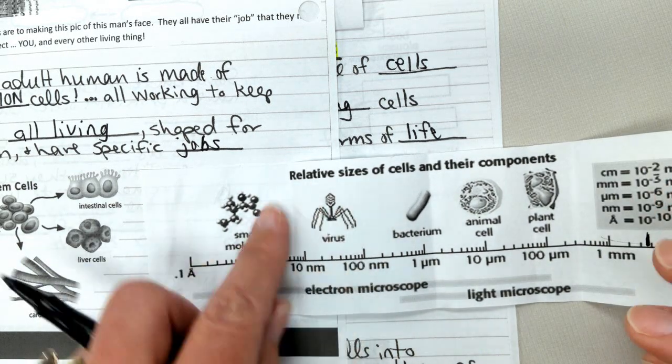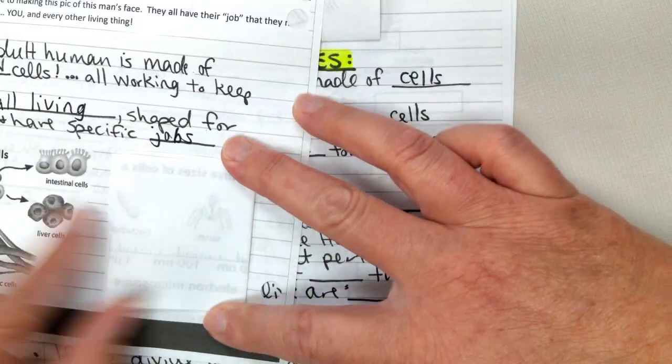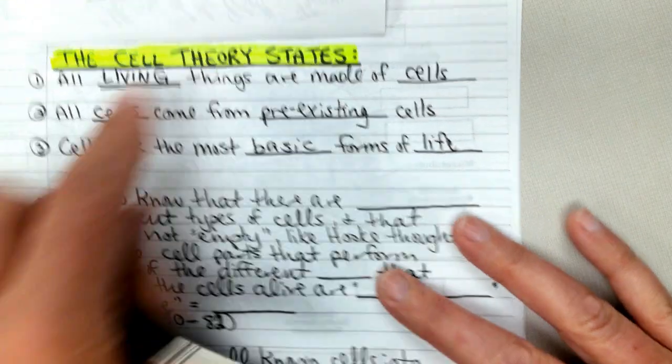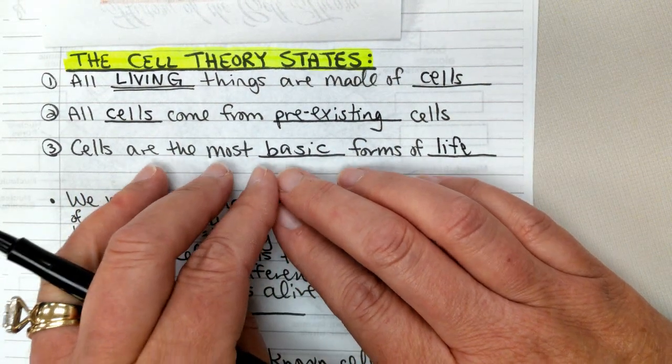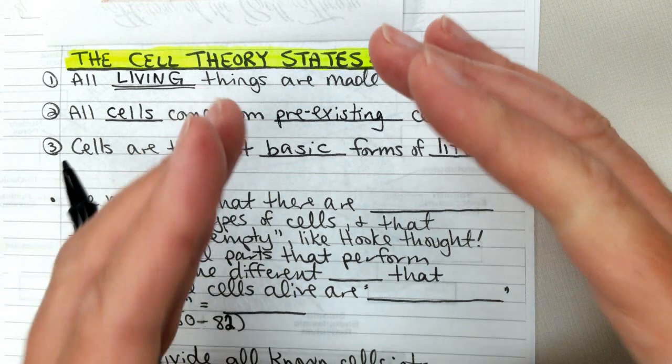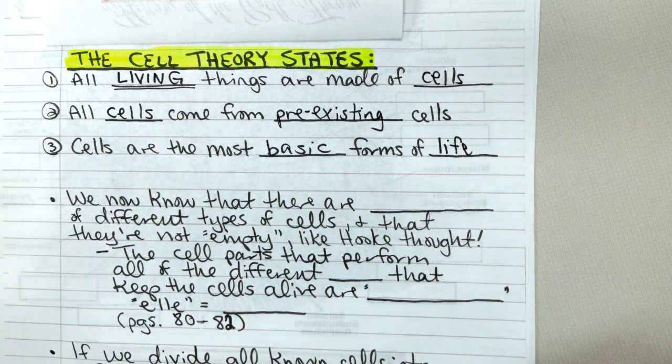So these don't adapt to any type of environment. These can. So there are things, don't say all things are made of cells because viruses are not, but cells are the most basic form of life. If you start talking about smaller things than that, which we will, and we have, then you are talking about things that do not live on their own. Okay?